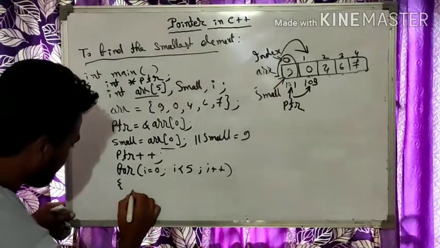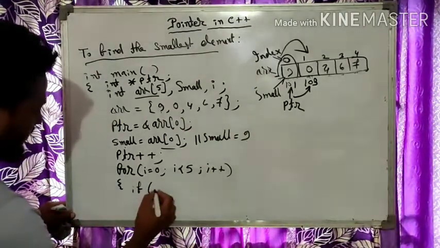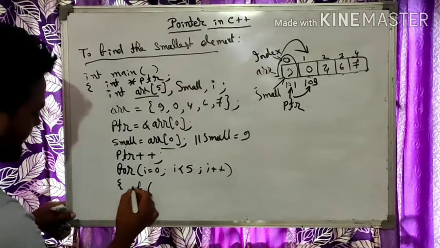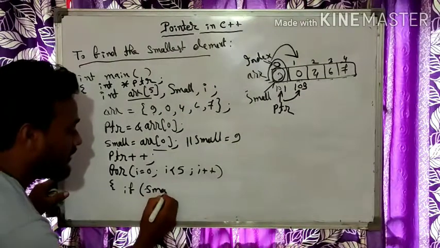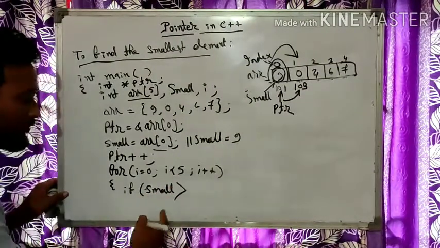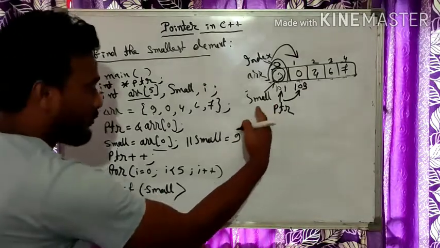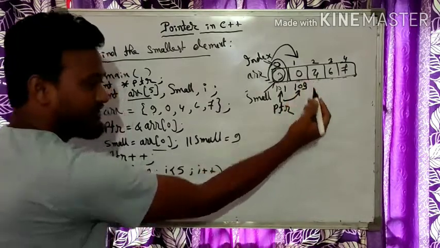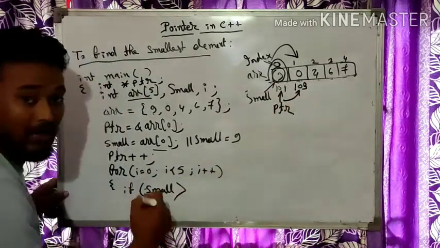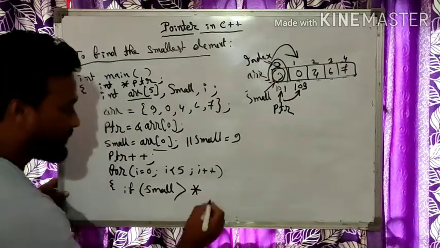So you can say here, if small greater than, we have to compare with this element, right? The element here is 0. So how can we compare with this? Small greater than asterisk ptr.